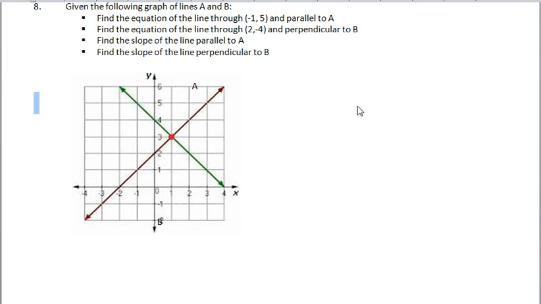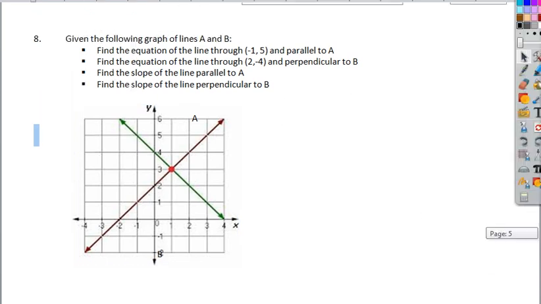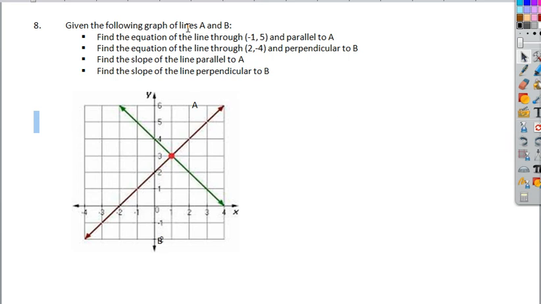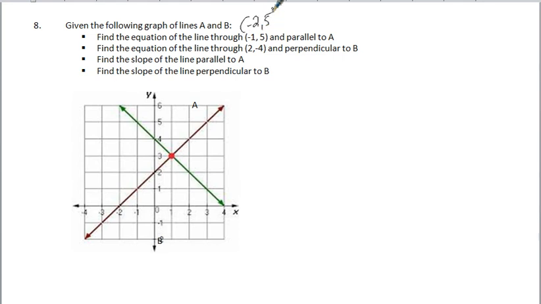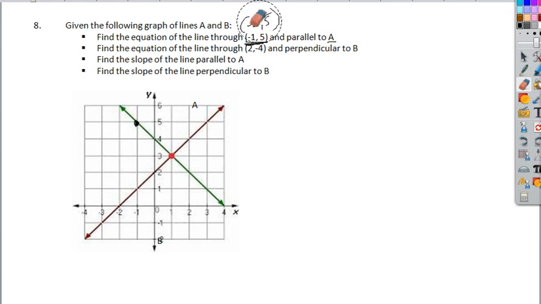All right, so it says, given the following graphs of lines A and B, find the equation of the line through -1, -5 parallel to A. I actually like to change this to -2, 5, because if I plug this point in parallel to this, it actually is on this line right here. This is -1, 5, and if it's parallel to this line, oh, line A, never mind. So we're going to leave it.